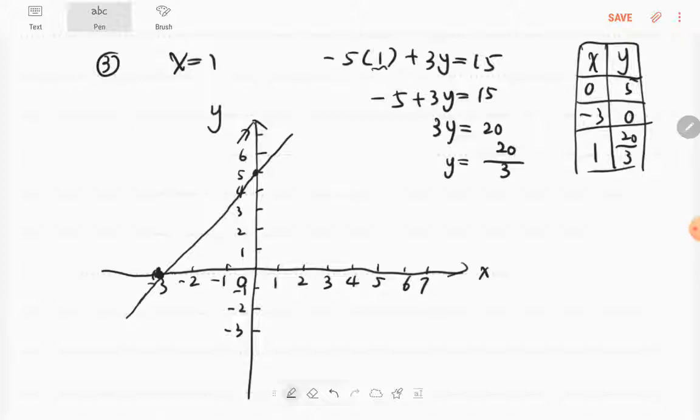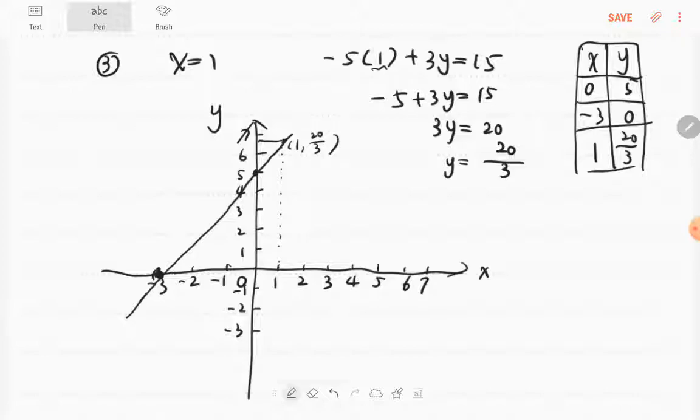But we need to test if the last point is still on the graph. The last point will be 20/3.